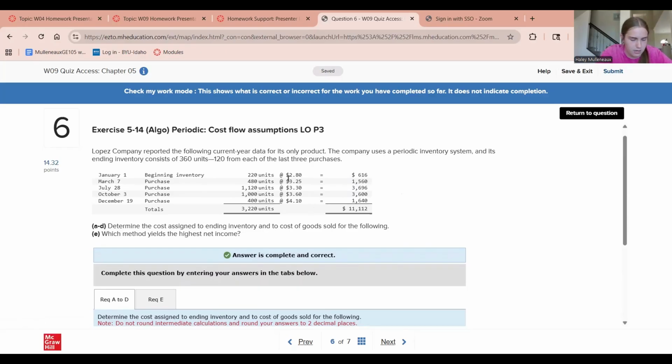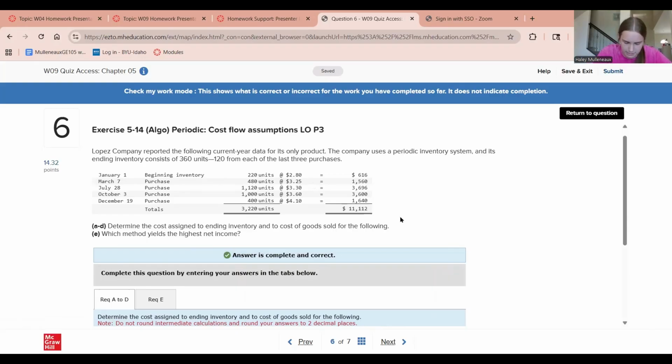And then for LIFO, last in, first out, because we've already sold all the most recent units, we now take 220 from the first one of the beginning inventory. We multiply it by the unit price of 2.80. So we do 220 times 2.80. And with that, we get 616.